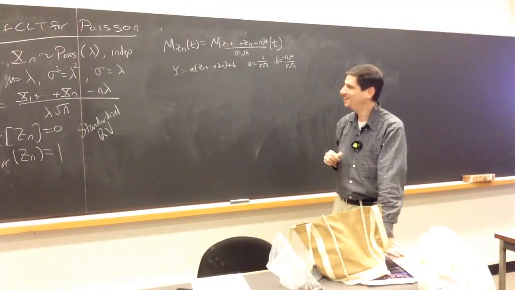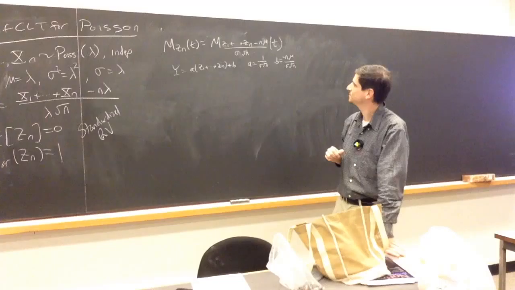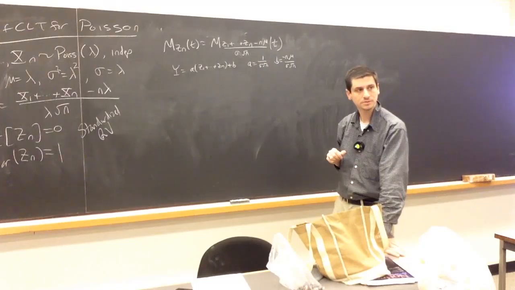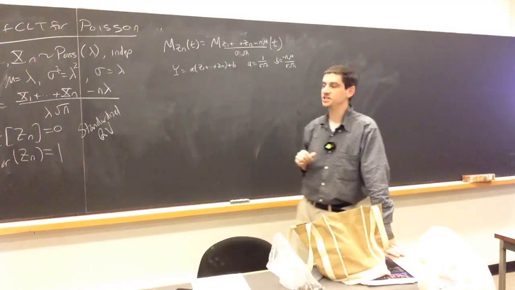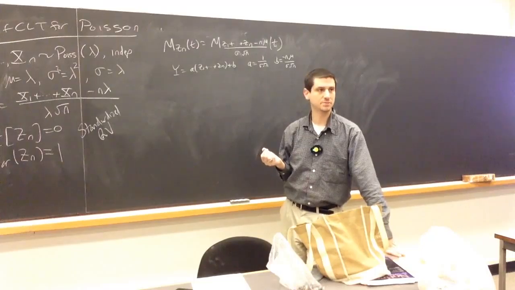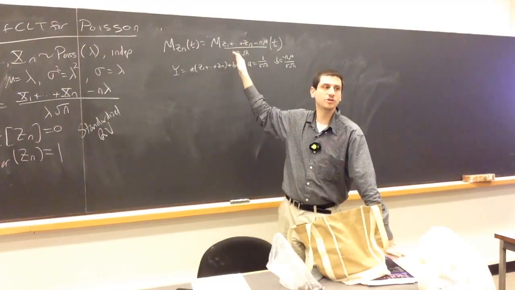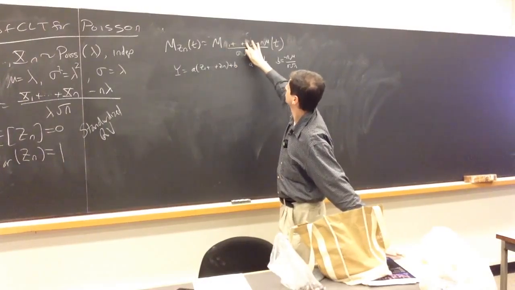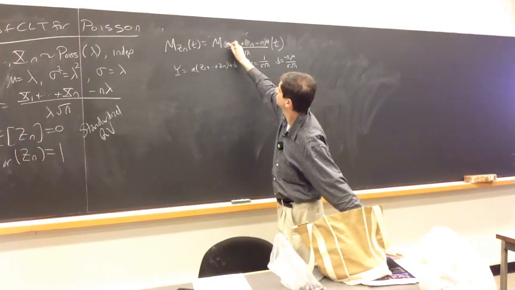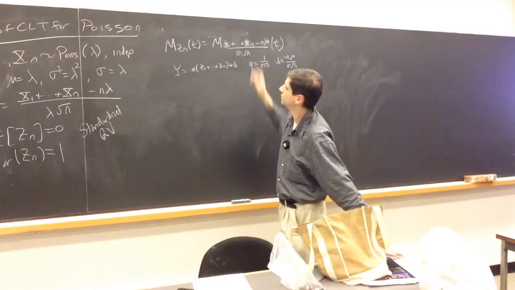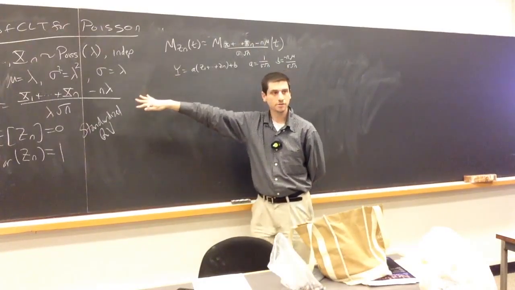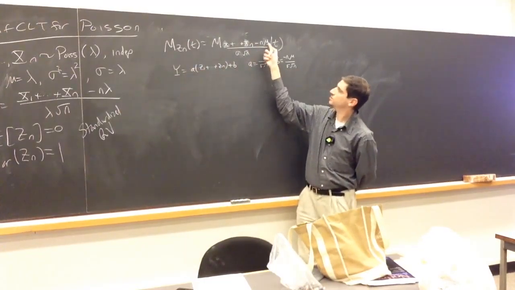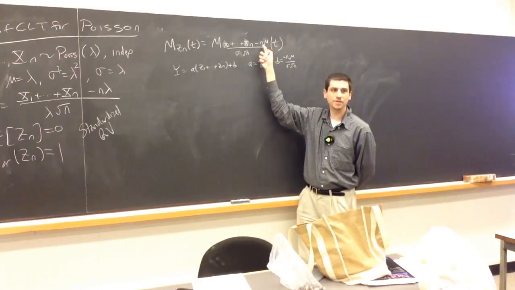I was just asking, so when you switch the mu and the sigma for lambda? Right, because you know that for Poisson. Well, for Poisson, we know the standard deviation is lambda, and we know the mean is lambda. I want to consider a more general case. Why did you change it if you wanted to keep it general? No, I'm just saying, whatever the mean of the X's is, that's mu.